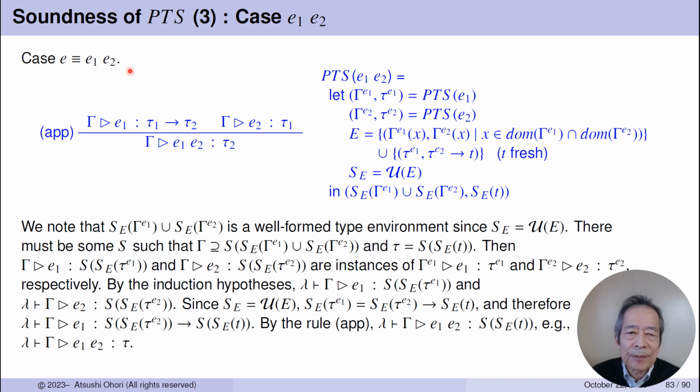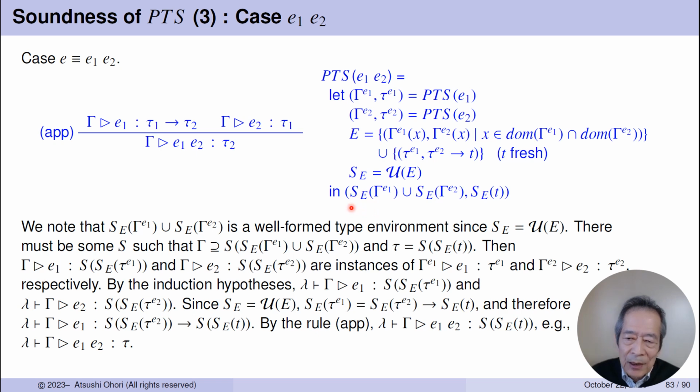This term is derived by this typing rule, the APP rule, and also the principal typing returned by this PTS algorithm is by this procedure, this expression. So we assume that this expression succeeds and returns this form of object, that is a pair of this environment and this form of type.